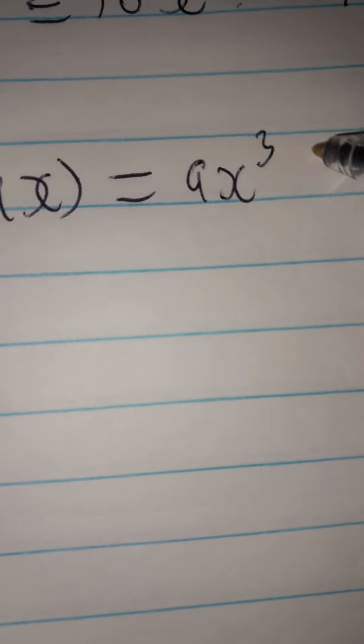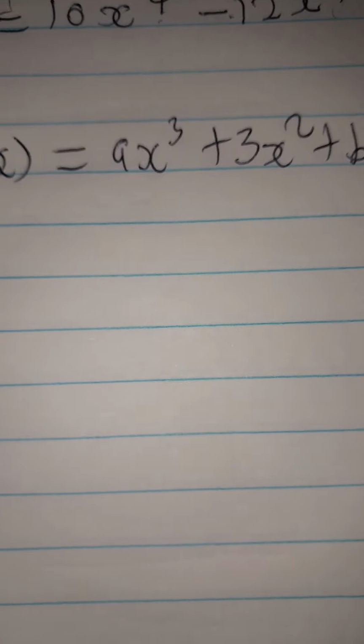We are given g of x as ax cubed plus 3x squared. We have 3 missing values there. That means simultaneous equations will apply, right? They said it has a minimum gradient at the point (-1; 7).